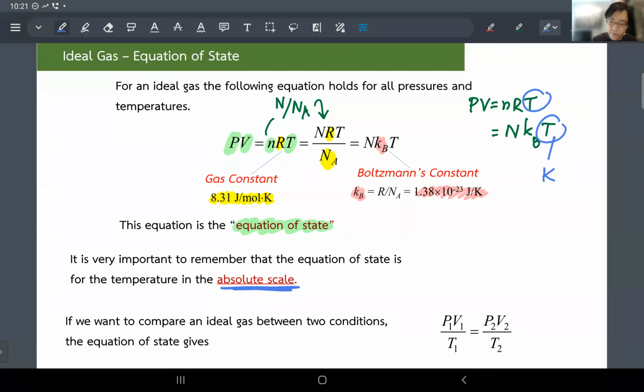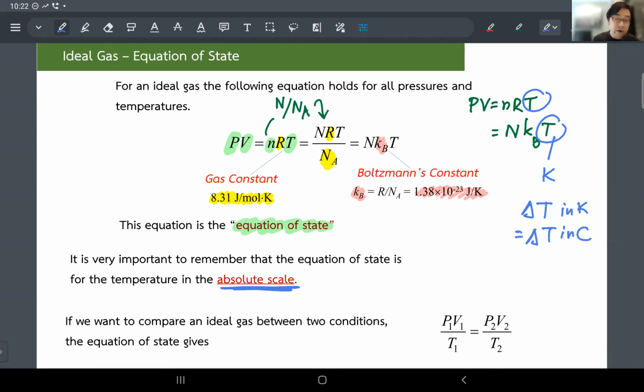Okay. However, this is the good thing about this one. The delta T in Kelvin is going to be the same thing as a delta T in Celsius, right? We learned from last time that the steps in each scale are exactly the same. A 1 degree change in Kelvin is the same as a 1 degree change in Celsius. So if you are dealing with the change, it's okay, you don't need to convert the units.